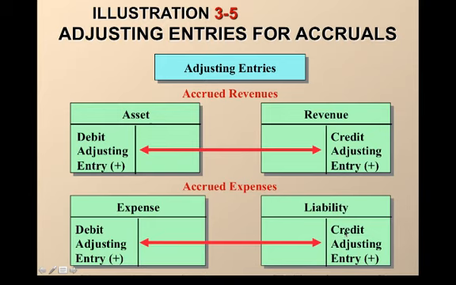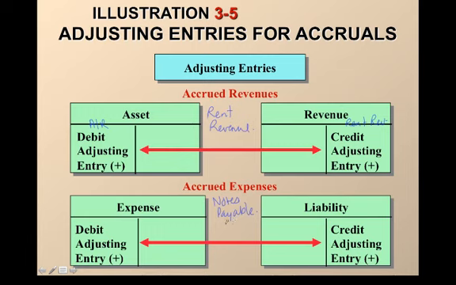So just to recap here, for example, rent, an accrual for rent revenue would be accounts receivable or rent receivable, and it's going to be rent revenue that you need to record.